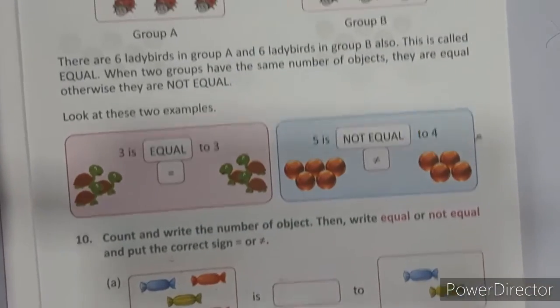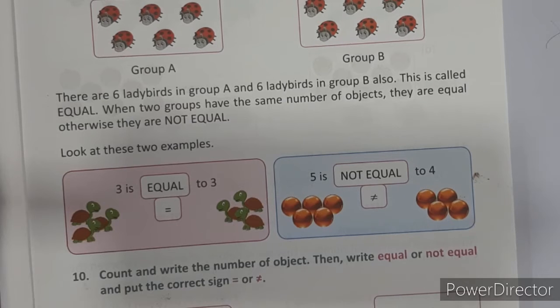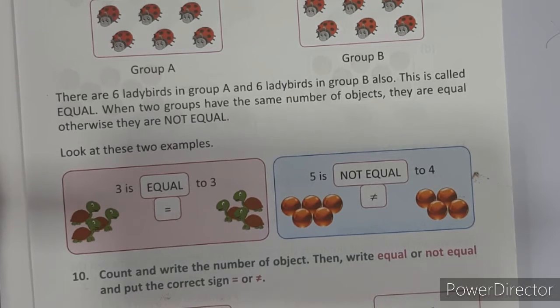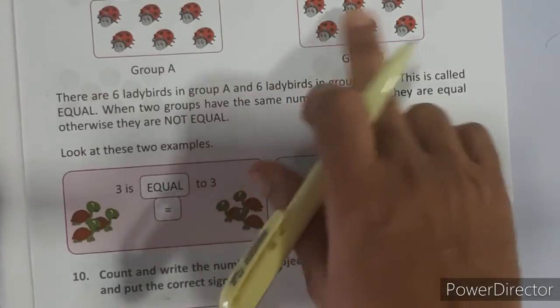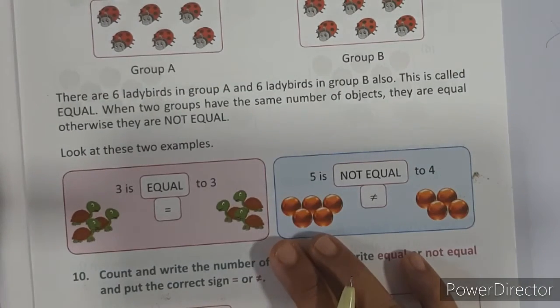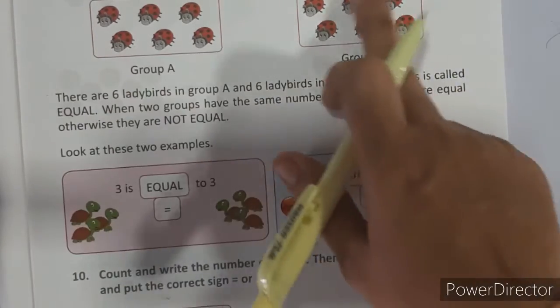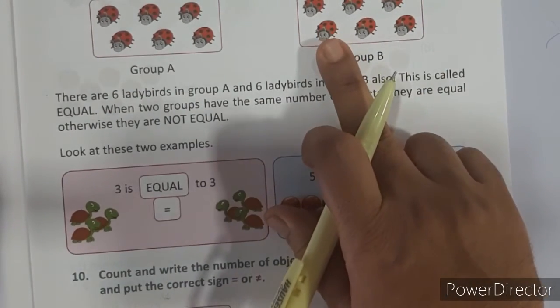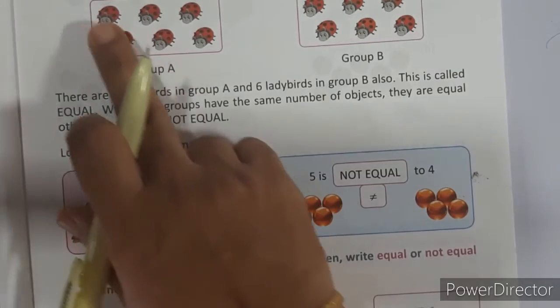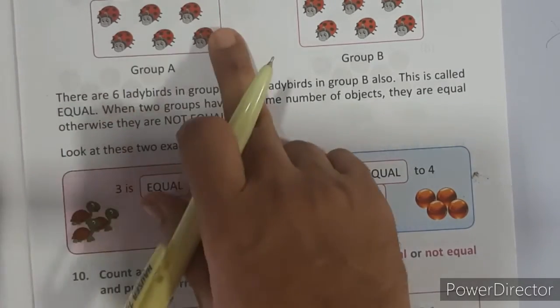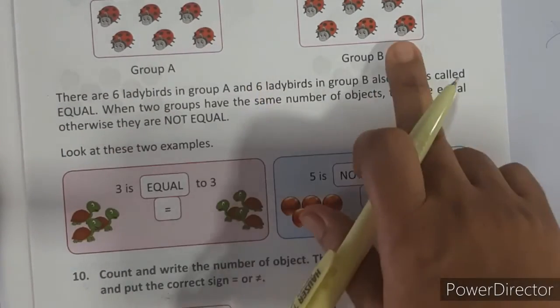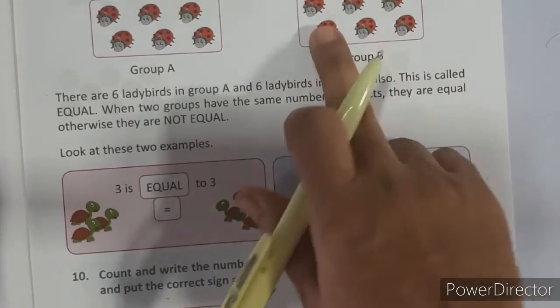Now we will go for the concept of equal. It means you have to observe whether the two boxes are having an equal number or not. So can you see these ladybirds? In group A you can see 1, 2, 3, 4, 5, 6 ladybirds are there. Here also you can see 1, 2, 3, 4, 5, 6.